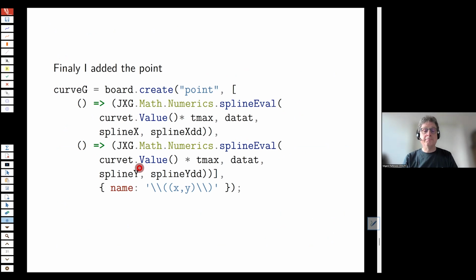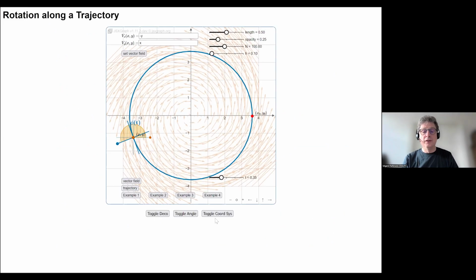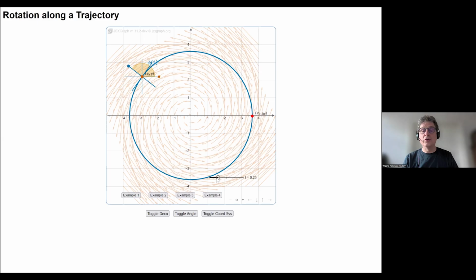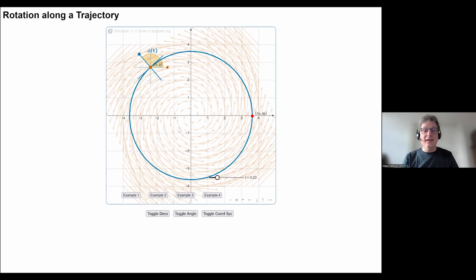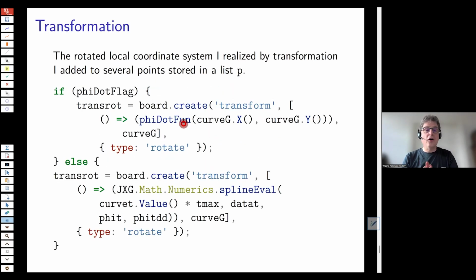And thus, I can create a slider, and the point is running around, and it looks like a glider. Okay, but you see here's a rotated coordinate system, and I discovered during this work the option to add transformations to objects. And this is what I have done here.